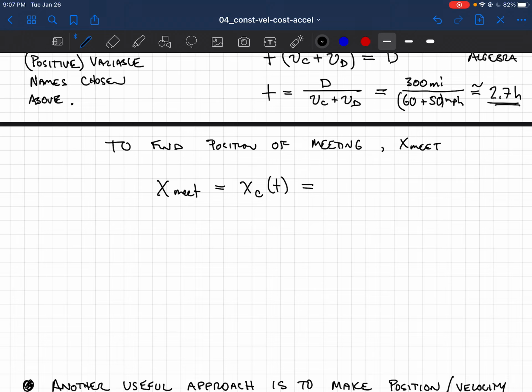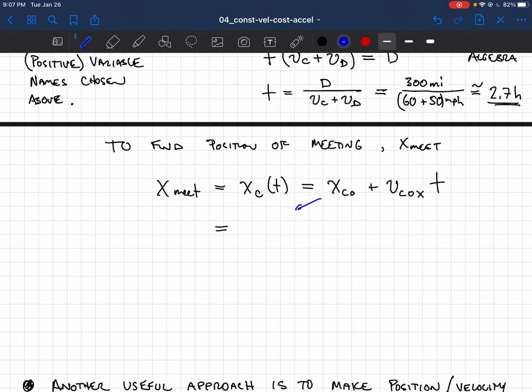So what is x Chicago of time t? We already used that equation. It is x Chicago initial plus v0 x Chicago. I guess I should write it as v Chicago 0x maybe, times t. So what is that?